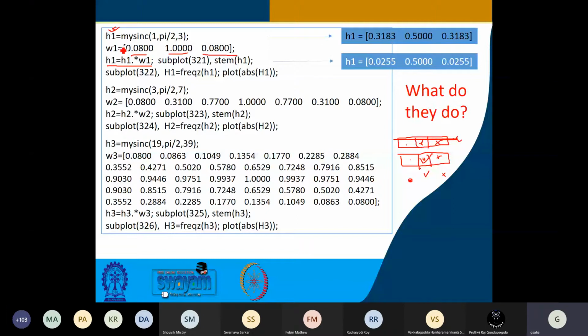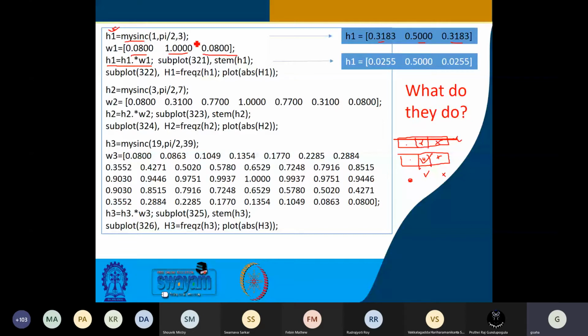So from the previous exercise, we were plotting the H values, the impulse response, this is the sinc, the basic version of it. If you just display these coefficient values, weights, you will see that these are the values 0.3183, 0.5 and 0.3183 for order 3.